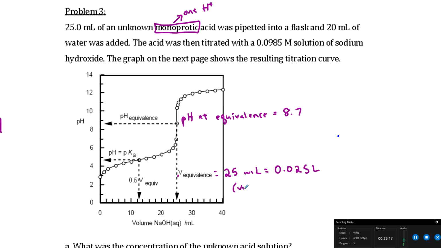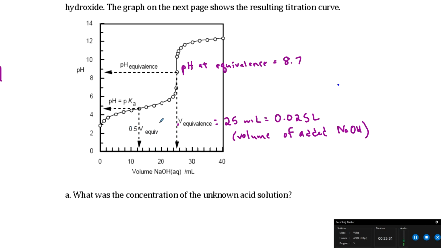So that's the volume of added NaOH, 0.025 liters. And then at the 0.5 volume point, the halfway point, 0.5 volume would be 12.5 milliliters or 0.0125 liters.